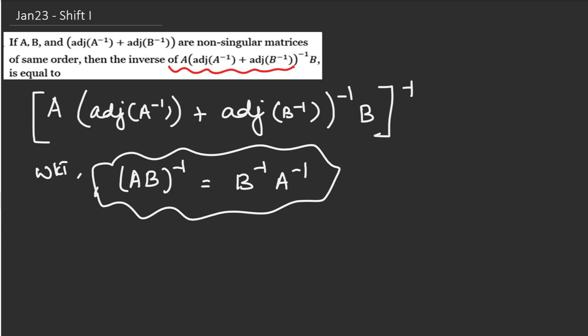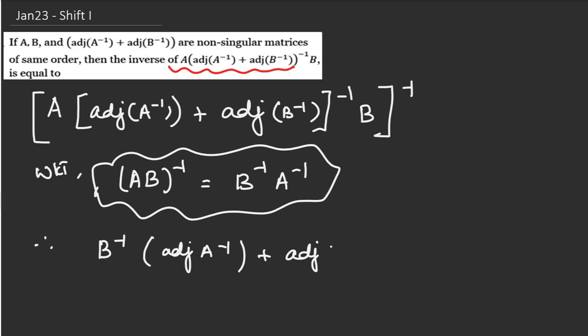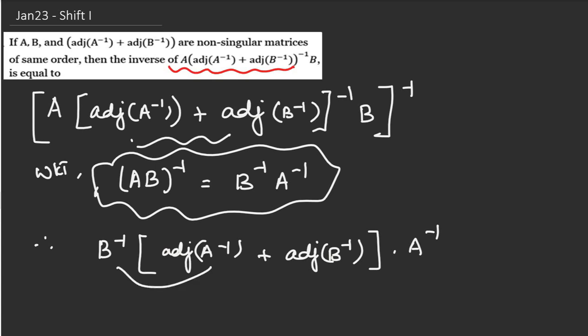We can write B inverse into adjoint of A inverse plus adjoint of B inverse into A inverse, applying the property AB whole inverse is equal to B inverse A inverse. Now again this can be multiplied inside, so we can write this again as B inverse.